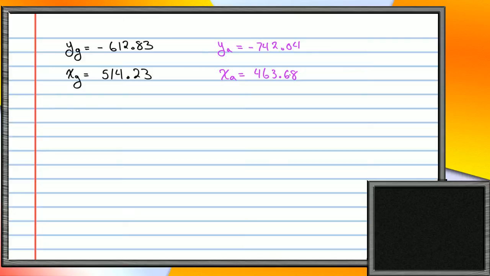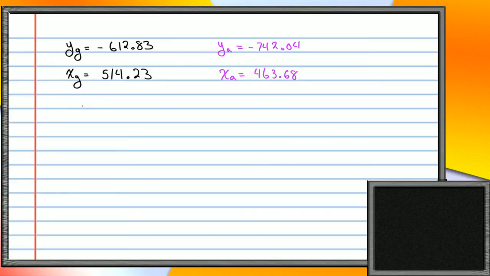Now we've got to take the difference of the two. So in our understanding, we would be taking ground speed minus the airspeed to get the difference, right?